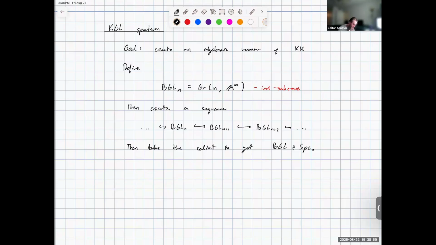So we have a colimit, and the problem is that this may not be fibrant. We haven't really talked too much about the model theory, but we can then take KGL to be a fibrant replacement of, well, I want to add a copy of the integers, so Z cross BGL.